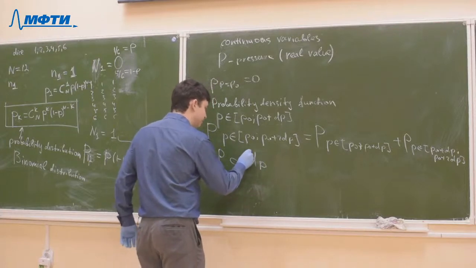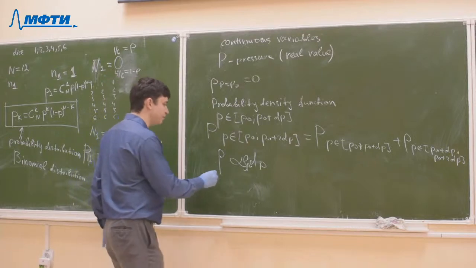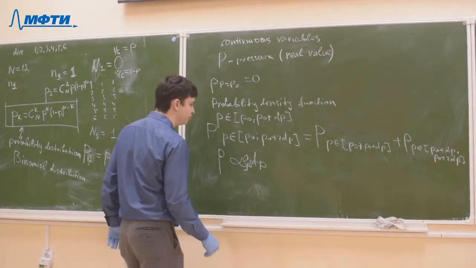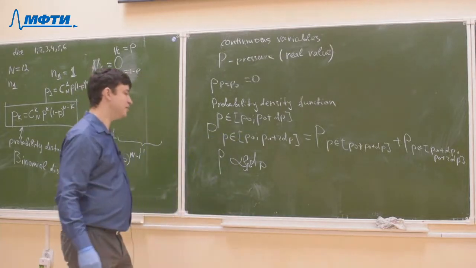So I can write that this is rho of P0 multiplied by dp. And this is the probability of pressure being in this small interval from P0 to P0 plus dp.